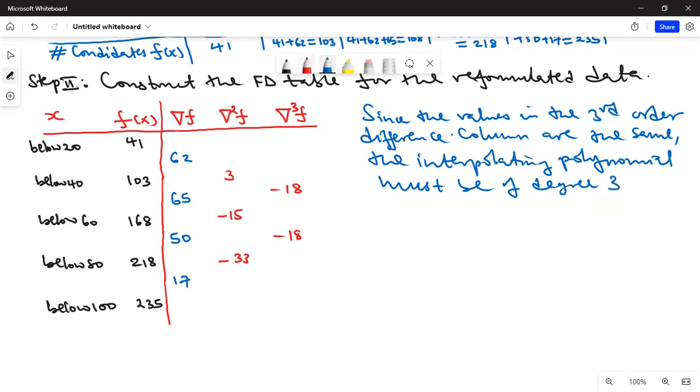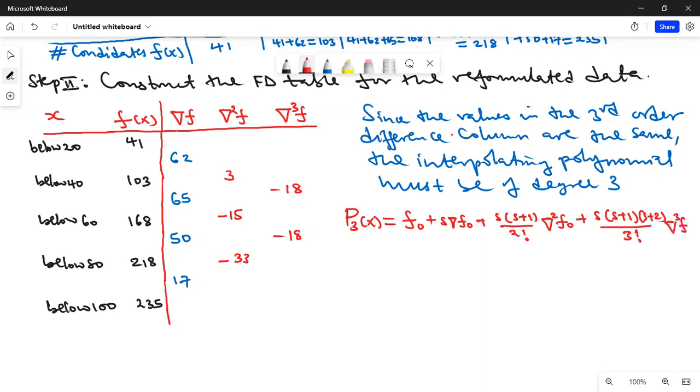So that is P3 of x. So we say P3 of x is equal, because we talk of backward, f0 plus s backward of f0 plus s plus 1 over 2 factorial, second order backward of f0, and then lastly plus s plus 1, s plus 2 over 3 factorial, third order backward of f0.